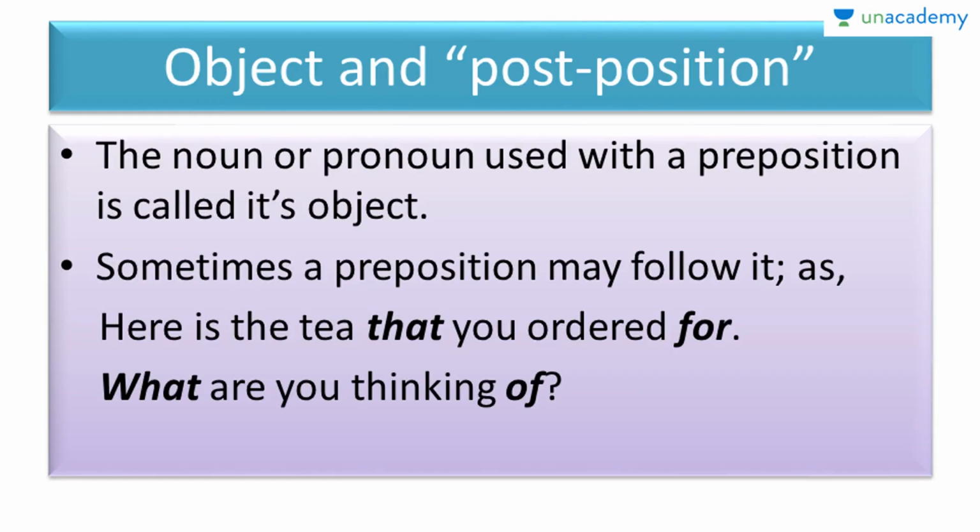we have the object and postposition. If we go through the etymology of the word preposition, etymology is a kind of study which traces out the origin of a word. It breaks the word into the different words which go on to make it. In the etymology of preposition, we see that there are two words that make this word: the first one is "pre", and the second one is "position".